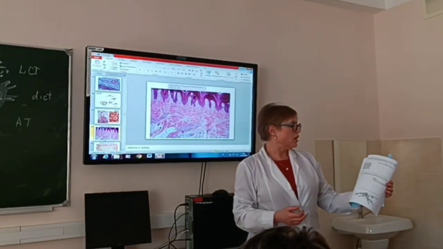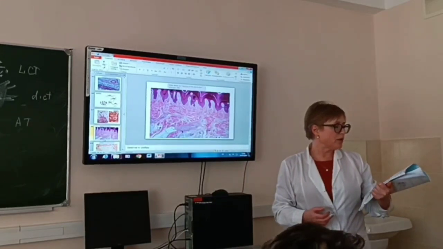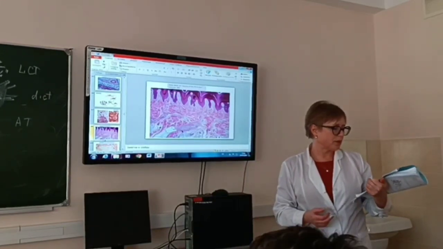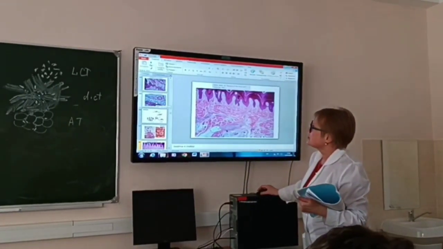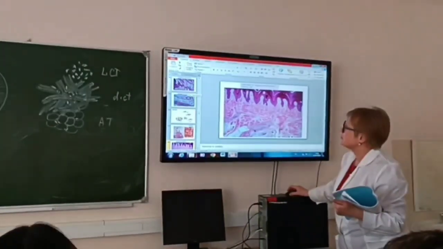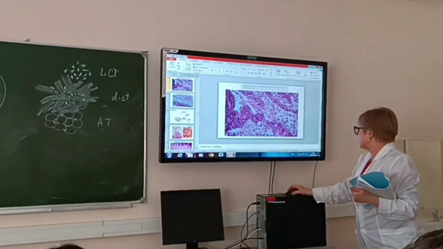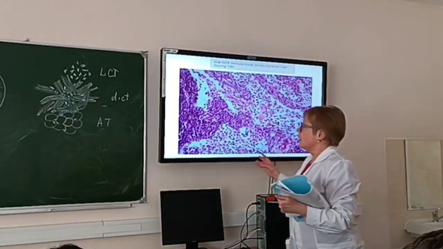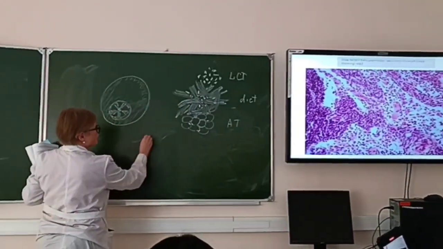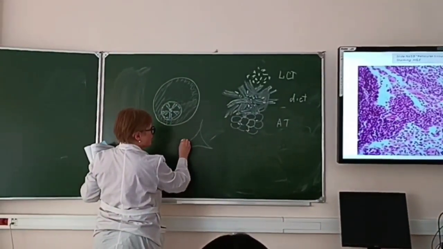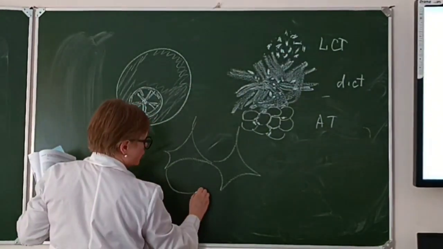Next, task 49, we should draw reticular tissue. We should remember that reticular cells have processes that join with each other and form a network.